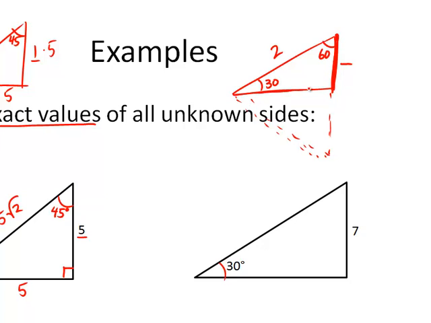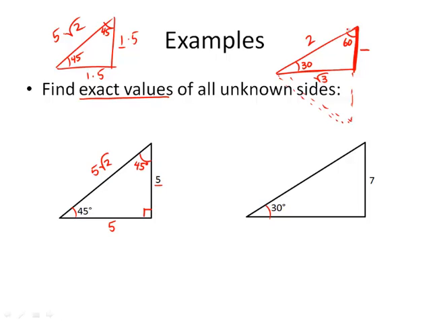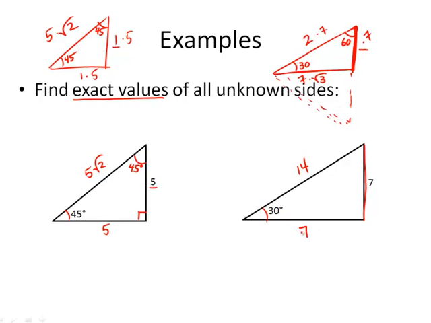And this side here, through the Pythagorean theorem, came up to be √3. So now we know we can multiply any of these by anything to serve us for what we need. In this case, we want this side to be 7, so we would multiply it by 7 to get there. So let's multiply everything by 7 because it will stay in proportion if you do so. That would give us 14 and 7√3.